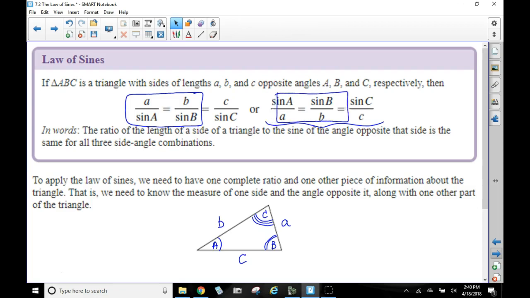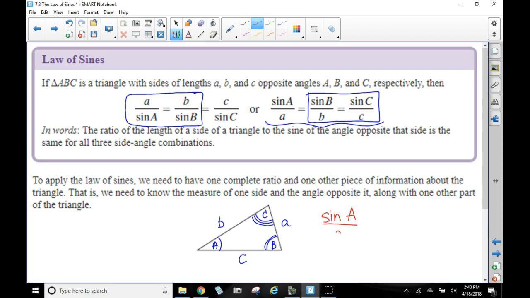Or if you're given some stuff about B and C, you might say the sine of angle B is to side B as the sine of angle C is to side C. Or if you're given A and C, you could say, for example, that the sine of angle A is to side A as the sine of angle C is to side C.